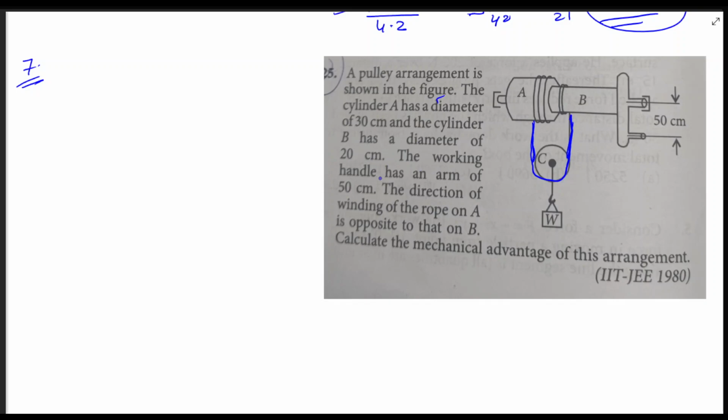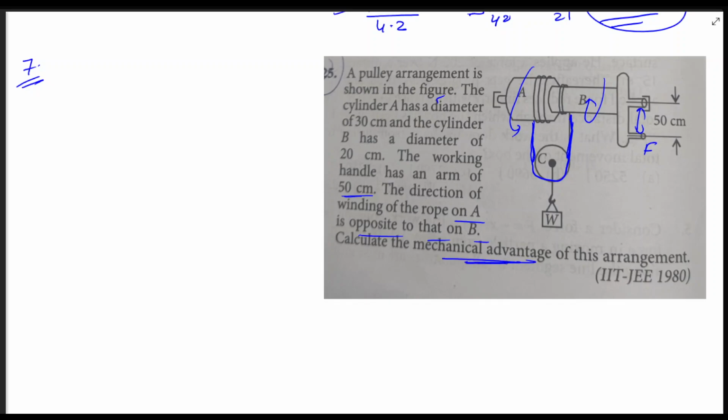The working handle has an arm of 50 centimeter. So this is 50 centimeter. The direction of winding of rope A is opposite to rope B. So look, it's like this. If I apply a force here and it is rotating like this, now look, B is rotating like this, then A will rotate in the opposite direction. So the situation is like this.